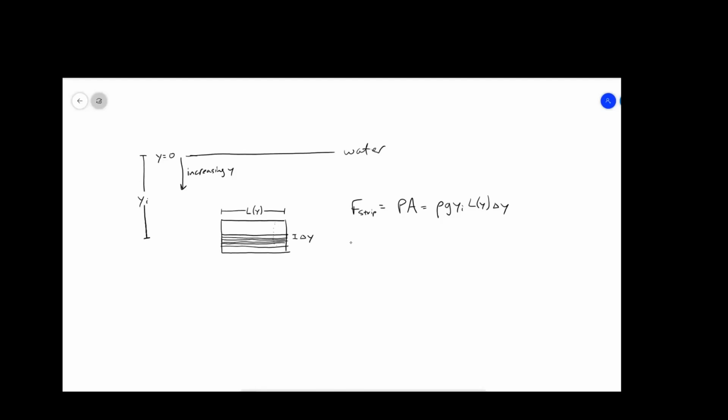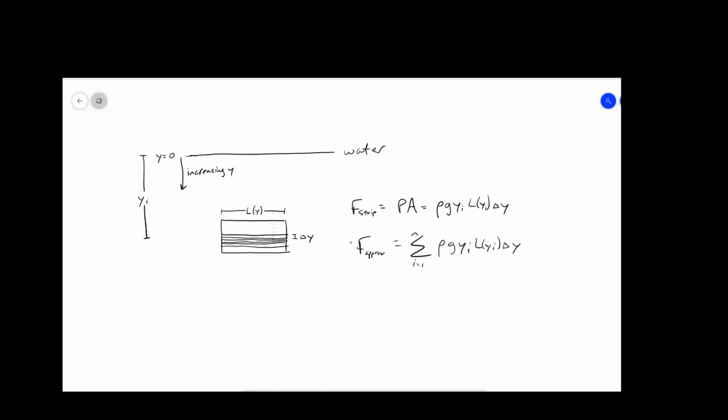So you can kind of see where the calculus is coming in here because we have to sum up all of these forces, right? So you would get an approximate force, and that would give you the summation of all this stuff, rho and g and y sub i, and the L of y sub i, and then delta y, and then we can take this from i equals 1 to n, and so on and so on.